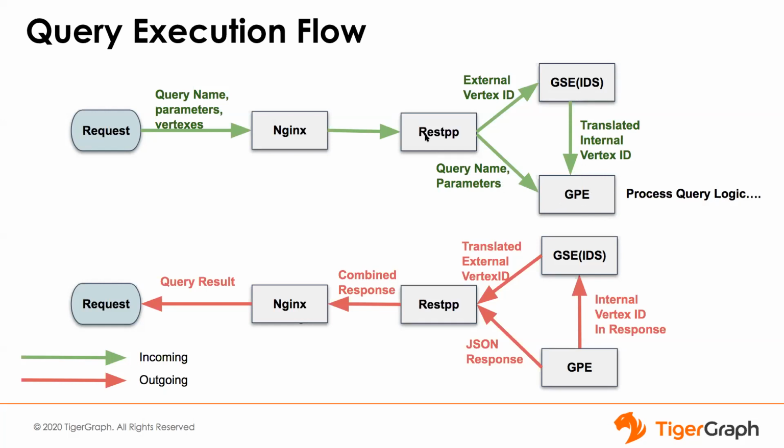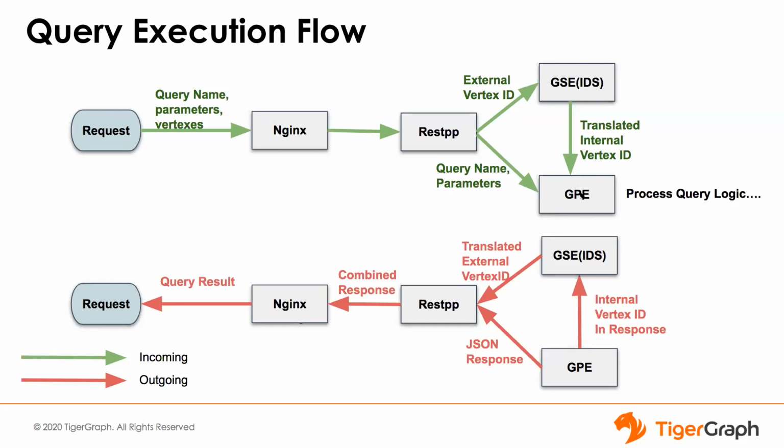In the meanwhile, REST VP also sends the query name and the parameters to the GPE. At this point, GPE has everything it needs to process the query, including the query name, the parameters, and also the translated internal format of the vertex ID so that it knows where to start from.